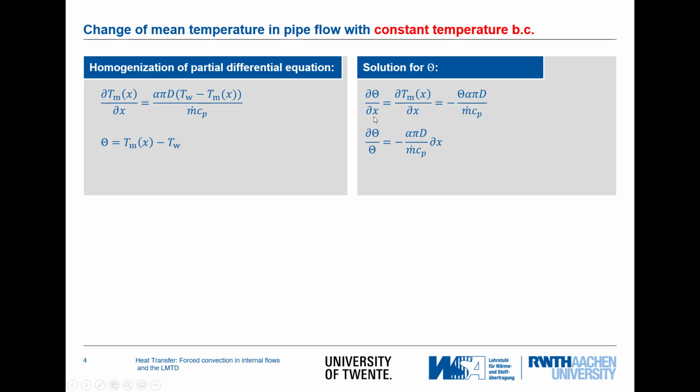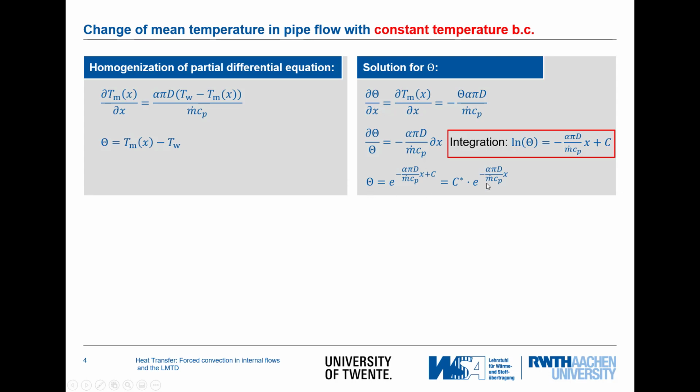Now, separation of variables, bringing x to the other side, bringing theta to the first side, we have the differential equation that we can solve, and here we end up with the linear part, and here we see that we have something logarithmic. So the integration will lead to the ln of theta is equal to our constant times the linear part x, plus a new integration constant, which we call c. Now, to bring this into a form that we have an explicit expression for theta, we have to undo the ln on both sides.